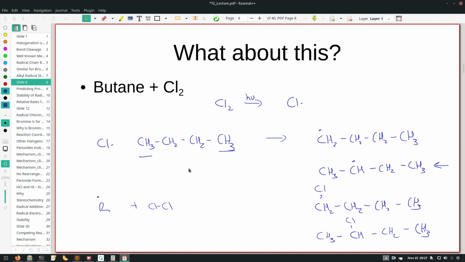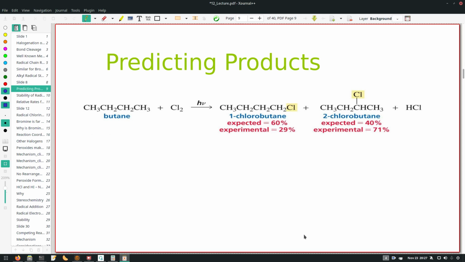I got those 6 hydrogens that come off that can create this one. So this was created by 6 possible hydrogens, yet this one's only 4. So is there some statistics going on? Is there a 60-40 kind of split based on that? Alright, turns out we do see this as the major.